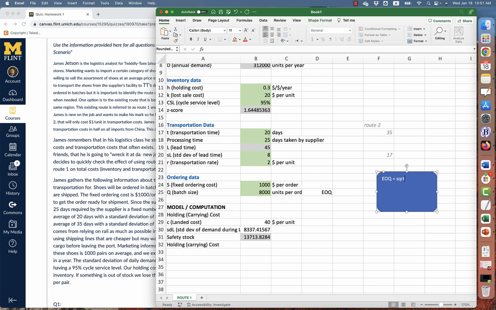Q equals square root of 2 times annual demand times S divided by HC.